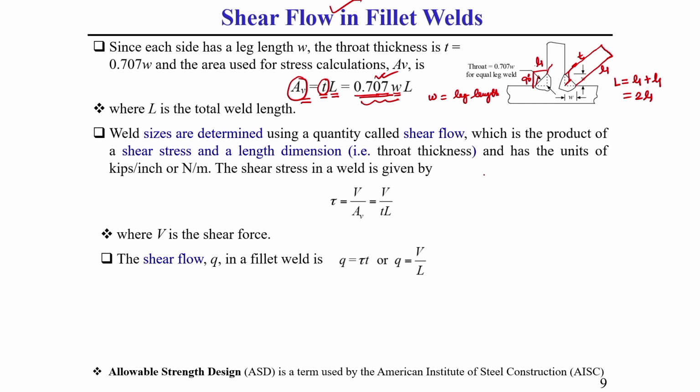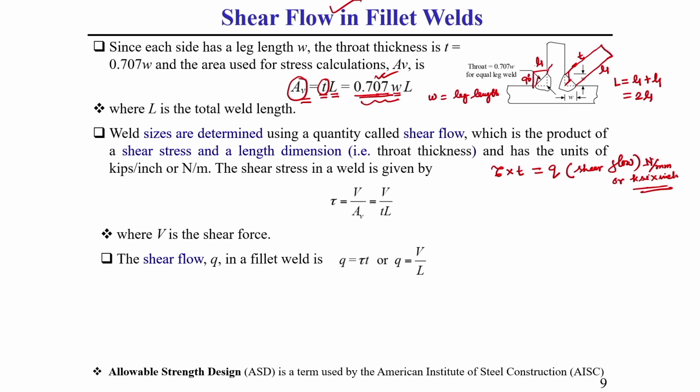Shear flow is the shear stress at the throat cross section; that shear stress into throat thickness is known as shear flow Q. So, this is Q, I will represent as shear flow. Its unit is Newton per millimeter, or its unit is generally KSI into inch.